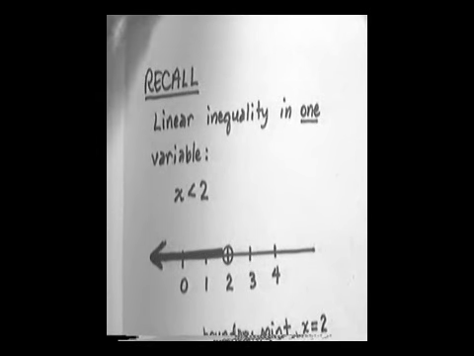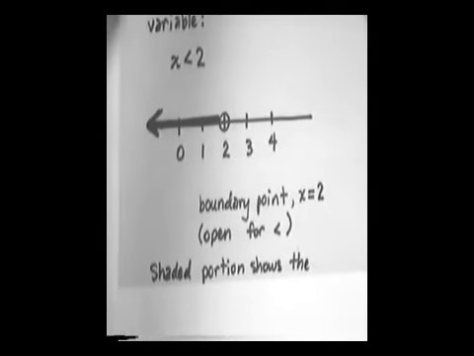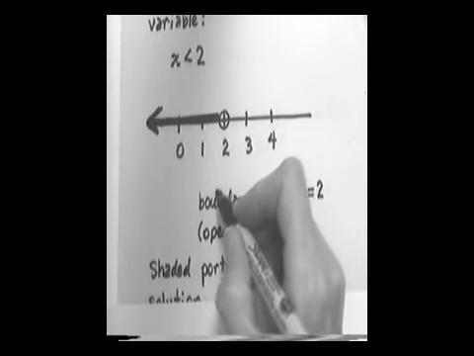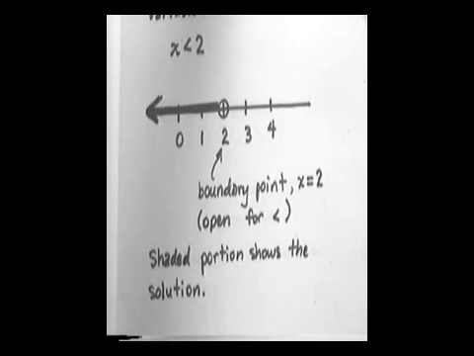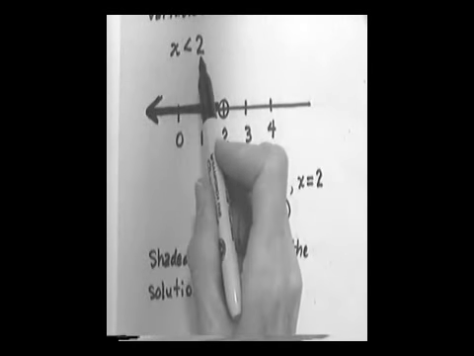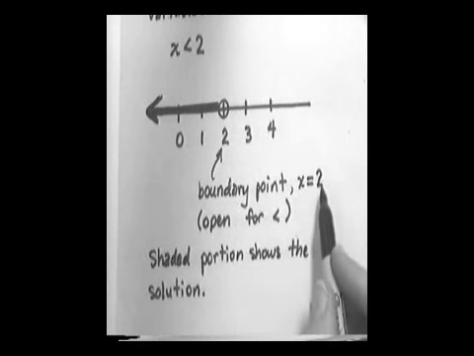We have the boundary point at x equals 2. It is open because of less than, and the shaded portion shows the solution. So here's our whole story. X is less than 2 has a boundary point x equals 2.